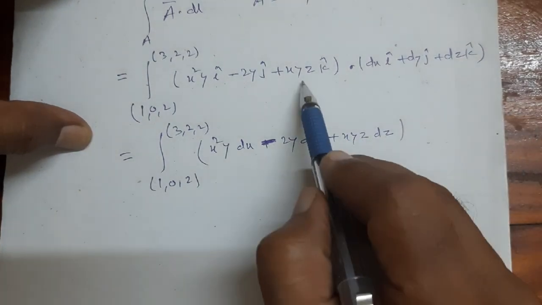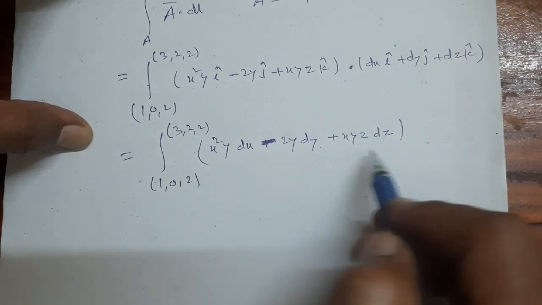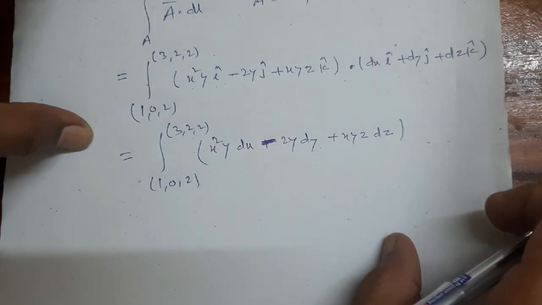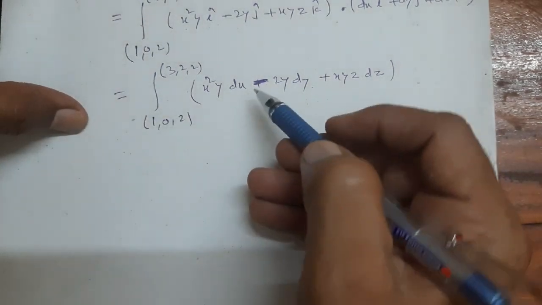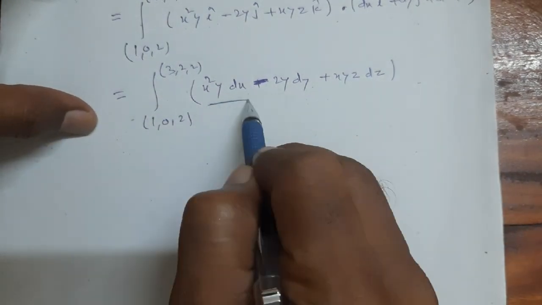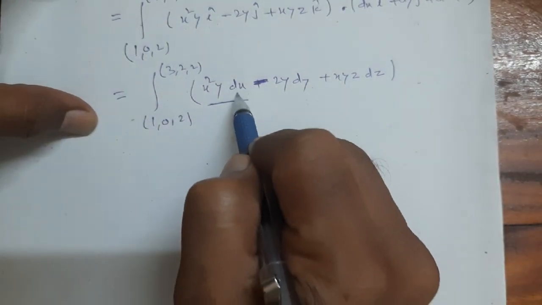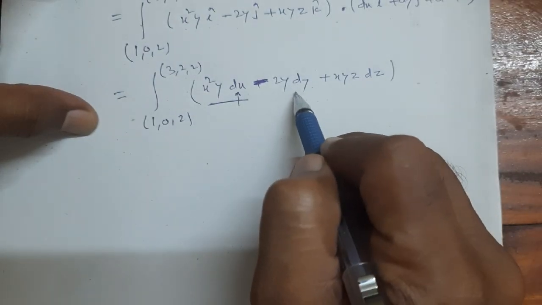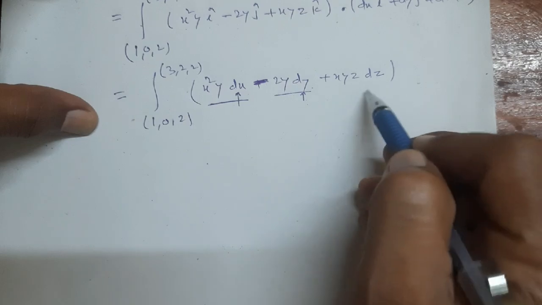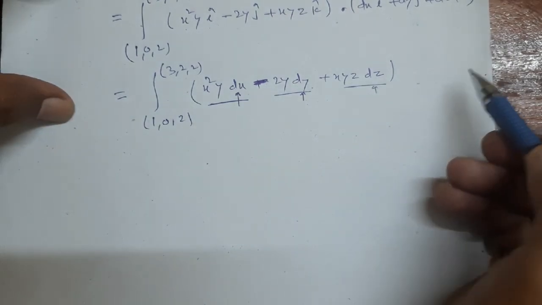Correct? Now remember that the dot product is there, and therefore the resultant is a scalar, and we can integrate the scalar term only. Now if you observe here the first term, there is dx only. Correct? And at that time there is no change in y. Whereas for the second term there is dy only, and for the third term there is dz only.